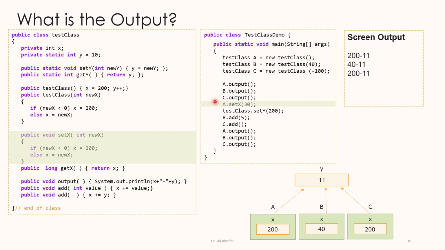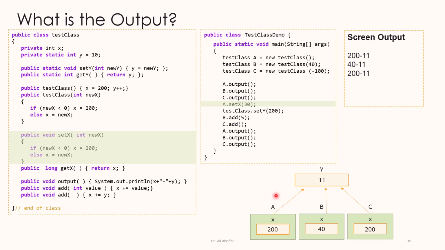Now in the next step, we are calling the setX method for object A, and this is object A. So where is the method setX inside the class? This is the method setX. It receives an input parameter which is equal to 30. Since it is not less than 0, it will save the input parameter into x.